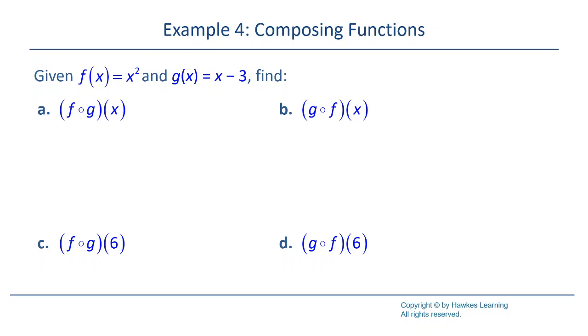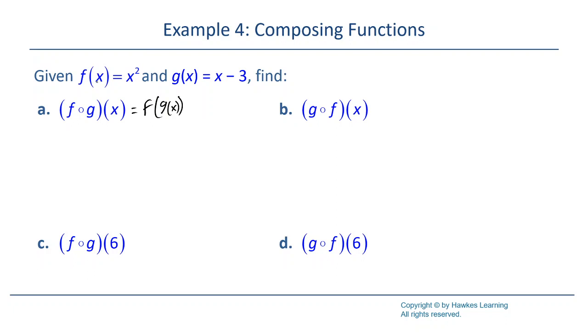So f of g of x. What this is saying is take the function f and evaluate it at the function g of x. So the function f is x squared. What this means is if you did f of 2, you would plug in 2 for x and you would get 2 squared.